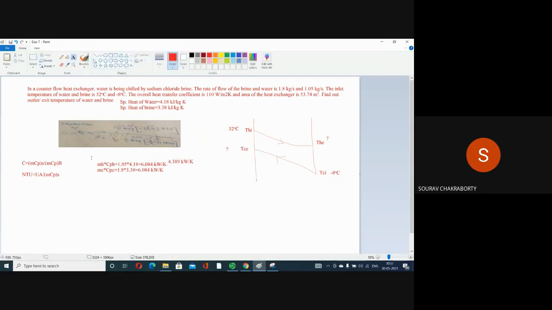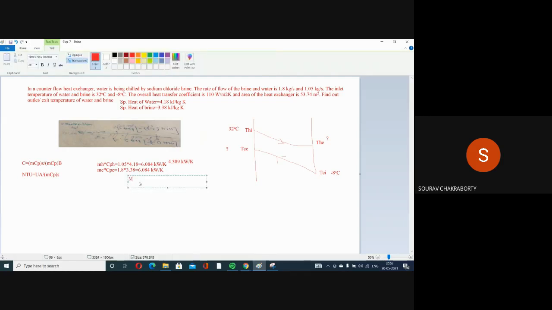Okay, so between these two values, you can see MHCPH is smaller than MCCPC. We know that.